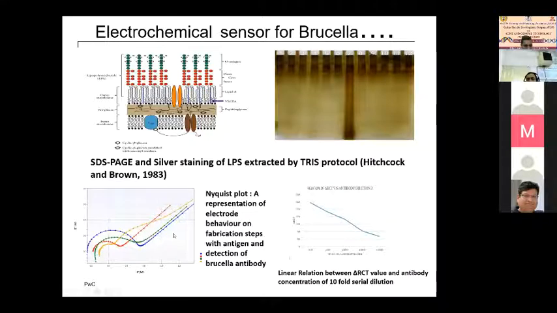When you decrease your Brucella antibody in a controlled study, you see a different delta RCT change. So it means that your electrochemical sensor is responding to the available antibodies in the sample. That has been proven, and we are pretty sure that we are on our way to developing this type of electrochemical sensor for the Brucella antibody.